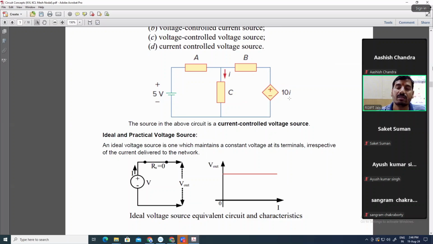That's why it is considered a dependent source. So it is a current controlled voltage source. If we vary the value of current I, the overall voltage value will vary.